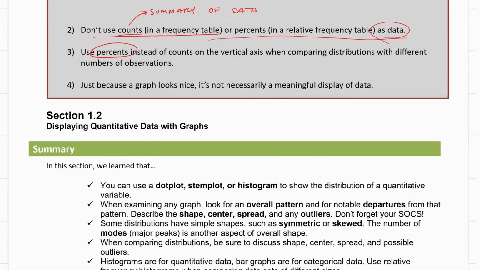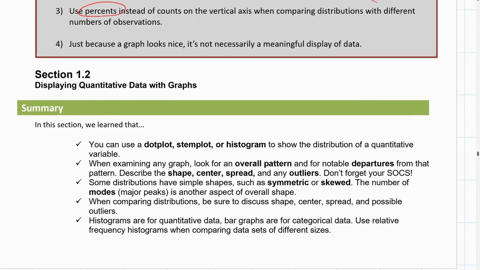So to summarize what we had in 1.2, we have a bunch of different graphical ways of summarizing quantitative data, and those were dot plots, stem plots, and histograms. Remember, we look at these graphs in order to get an idea about the overall pattern of the data and any departures from that pattern.